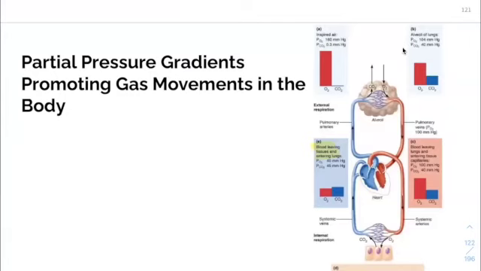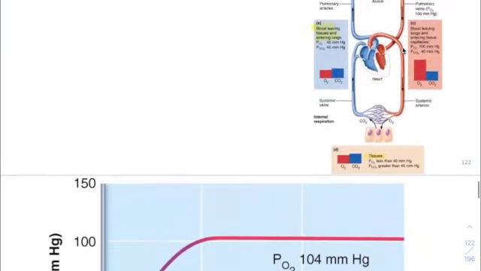But everything still flows where oxygen is going into the blood or oxygen is going into the tissues, while carbon dioxide is coming out of the tissues or carbon dioxide is coming out of the blood into the lungs. It still happens at the exact same rate.